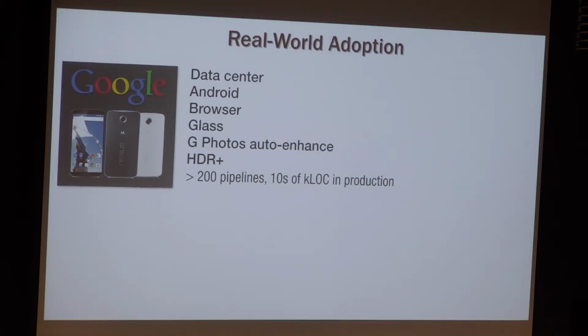So, a little bit of bragging rights here for Halide. Halide left MIT about, I think, six years ago, and right now it's everywhere in Google. It's on Android phones. It started with Google Glass, which doesn't exist anymore.